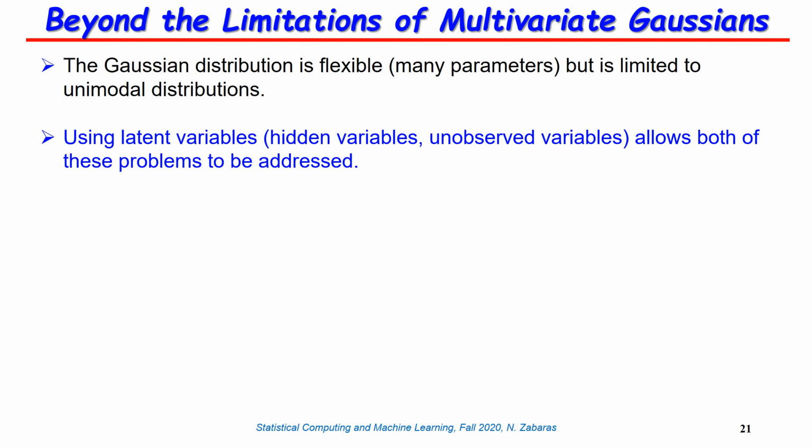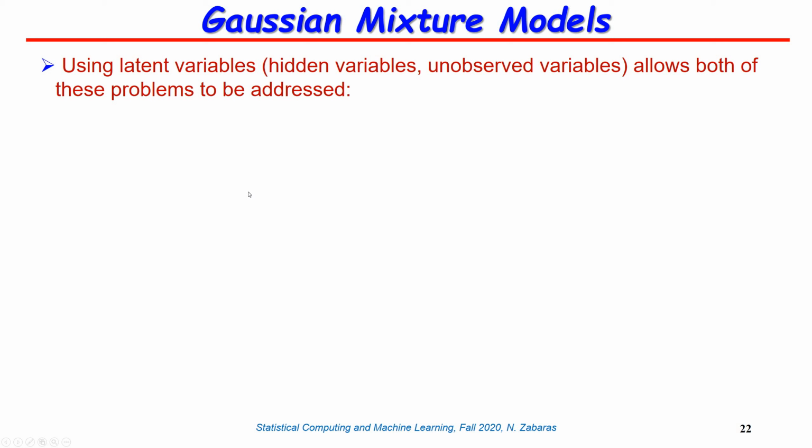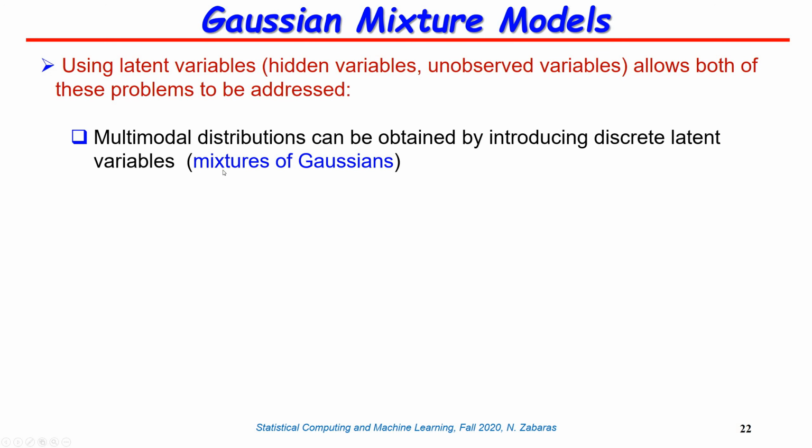So for example, if these hidden variables are discrete latent variables, you can use the idea to write down mixtures of Gaussians. Imagine you have some weighted sum of Gaussians, okay?